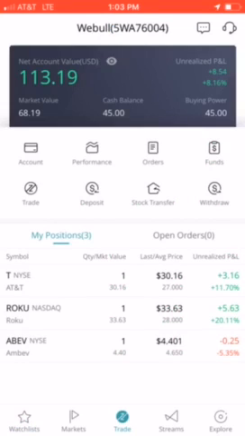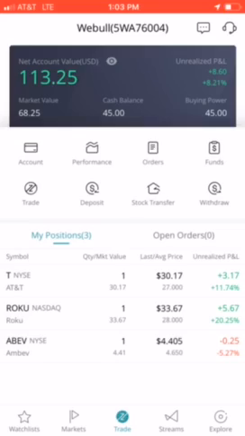So if I go down here to trade, which is at the very center, at the bottom, you see there's a lot of buttons on WeBull, so don't get confused. Really pay attention to what you're doing. If we go to trade, it will show you currently the 3 stocks that I am invested in. And because it's only $100, I only have one of each.